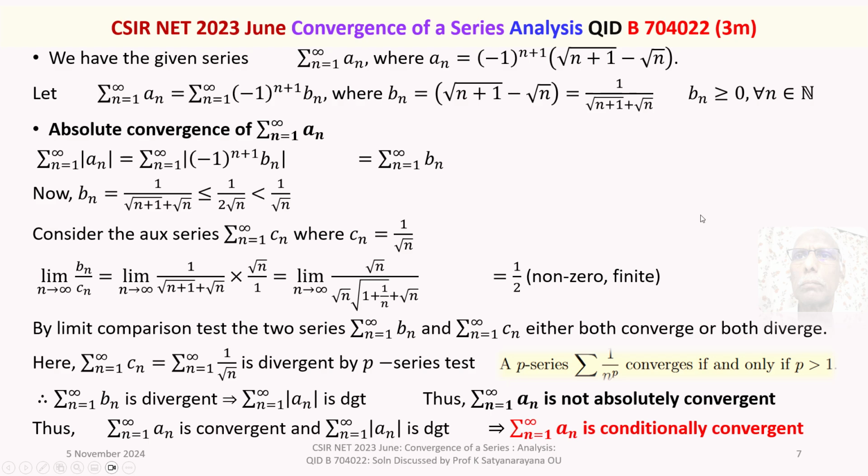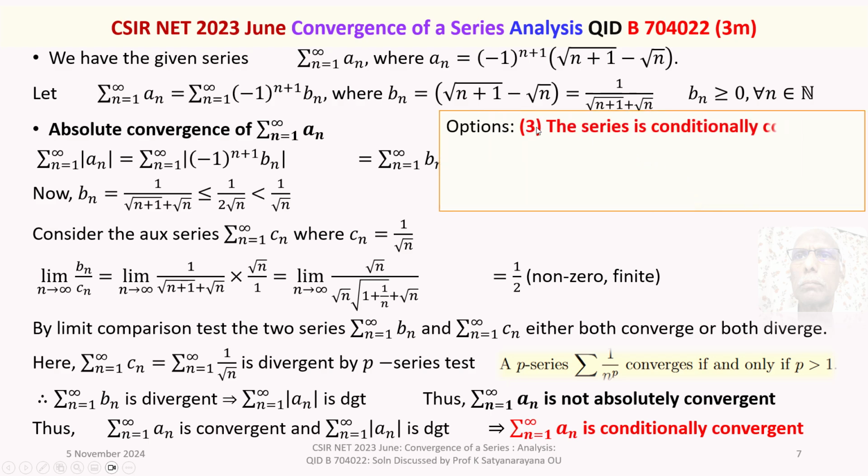So let's look at our options. Option 3 says the series is conditionally convergent. Yes, option 3 is true.